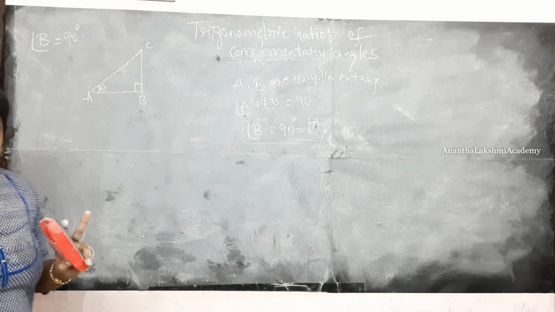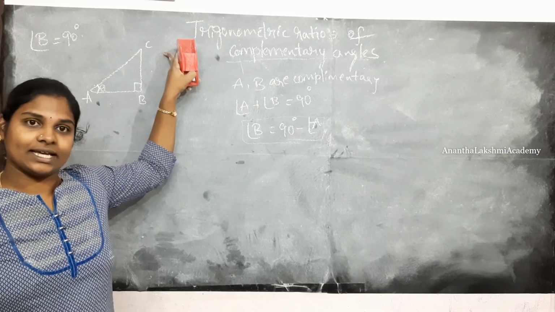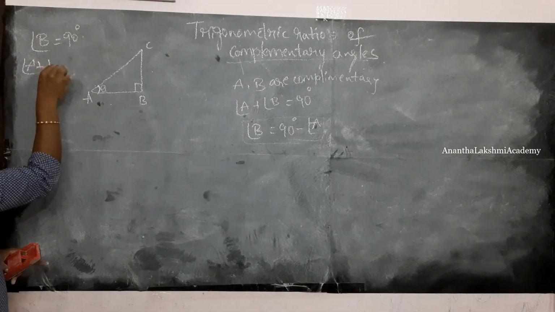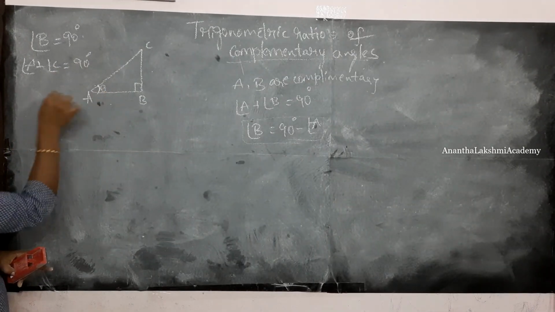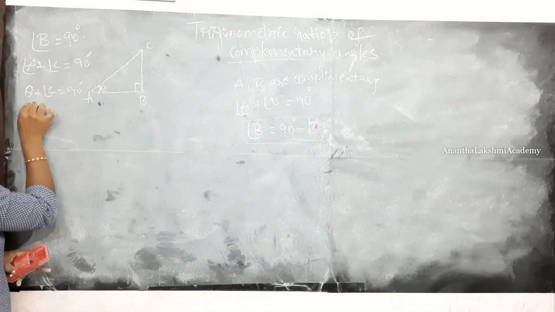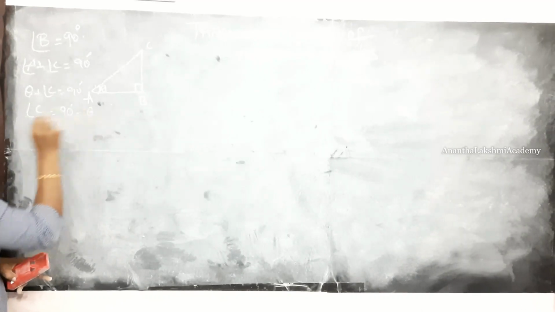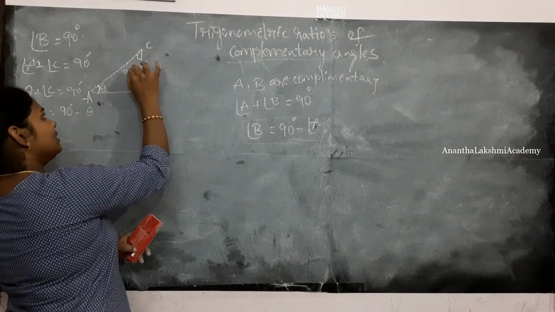So let us assume angle A and angle C are complementary angles. So what does it mean? Angle A plus angle C is equal to 90 degrees. Angle A is theta. What is angle C then? Nothing but 90 minus theta.